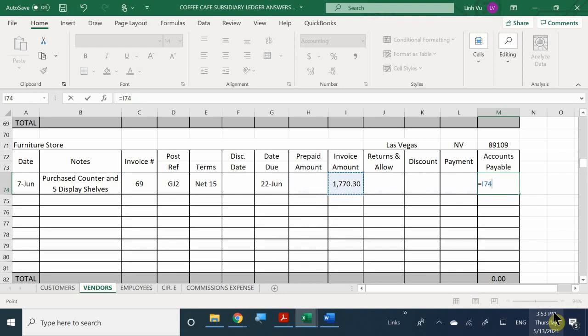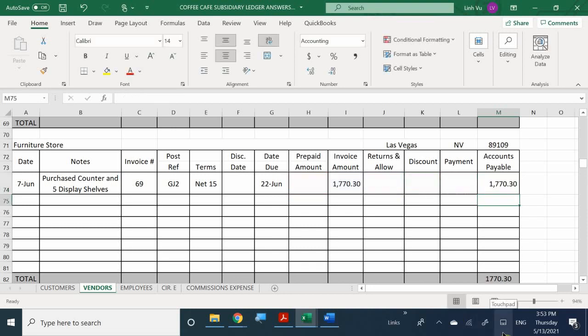You're going to subtract any prepayments. You're going to subtract your returns and allowances. You're going to subtract any discounts. And you're going to subtract any payments. So in this case, it says here that I owe $17,730 for this bill.